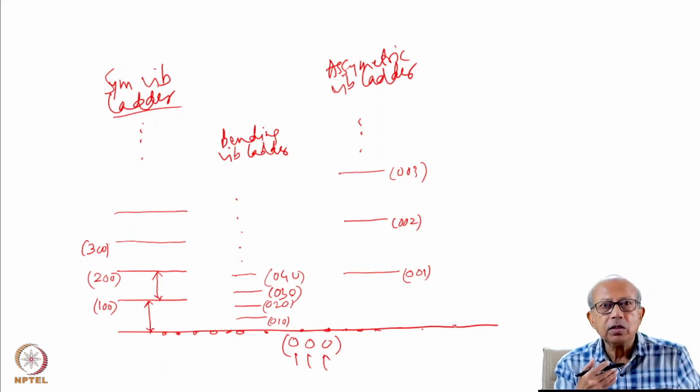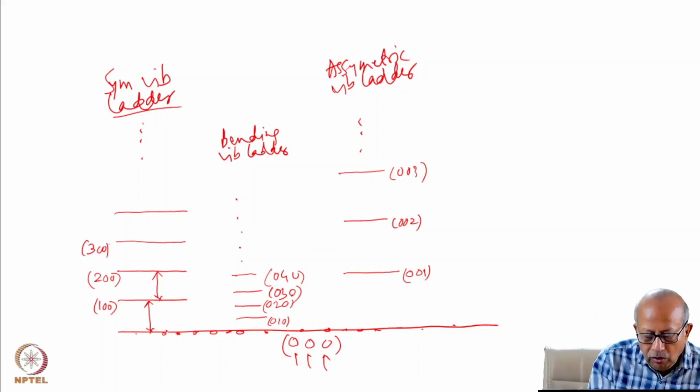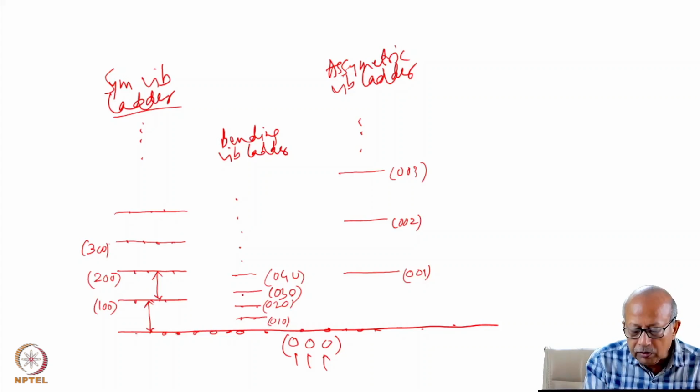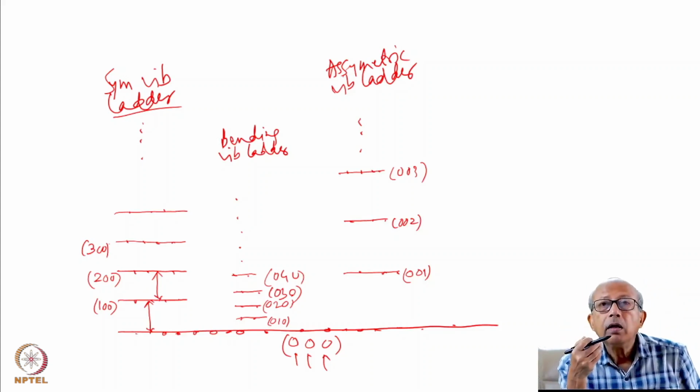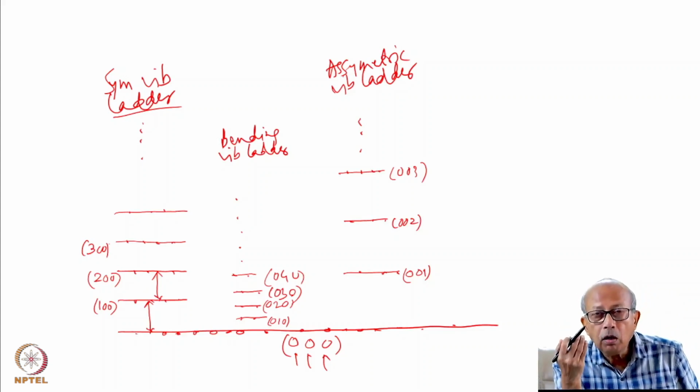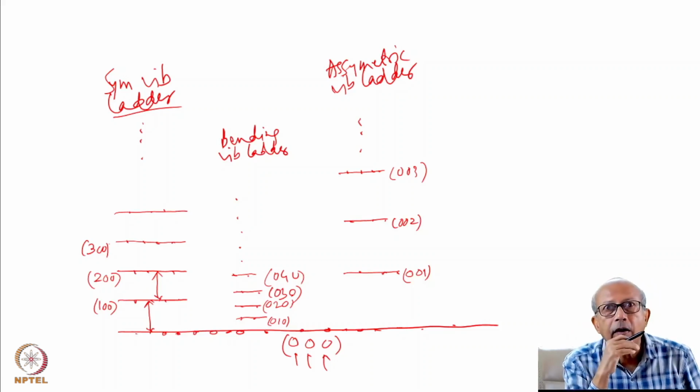Now, as the temperature is elevated and the gas is made hotter, the molecules from the ground level keep going up to the higher vibrational energy states in all these modes of vibration, of course satisfying the Boltzmann thermal distribution law for the given temperature to which the gas has been heated.